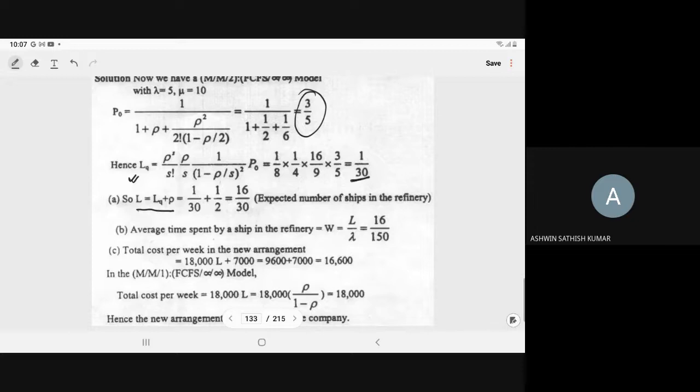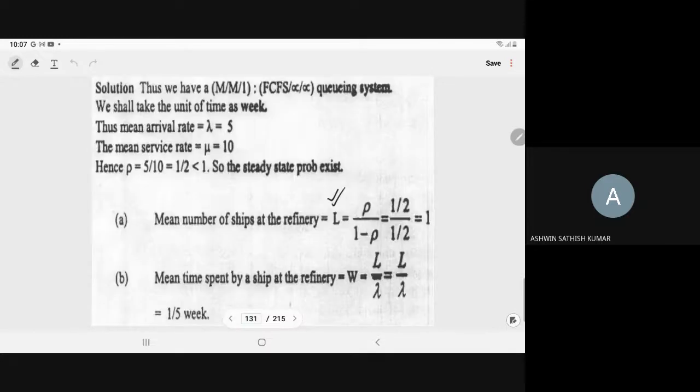So L is equal to Lq plus rho. So it is coming 16 by 30. So you can see here the 16 upon 30, and here we have 1.